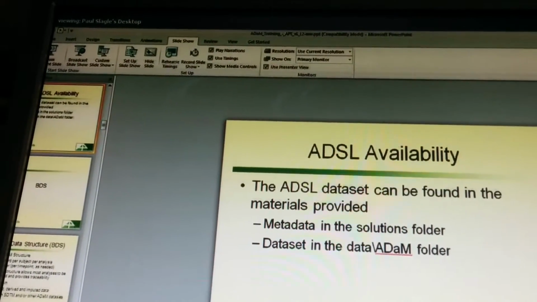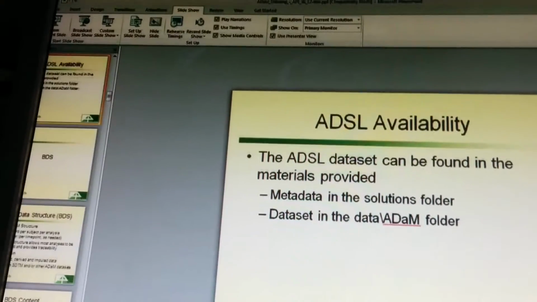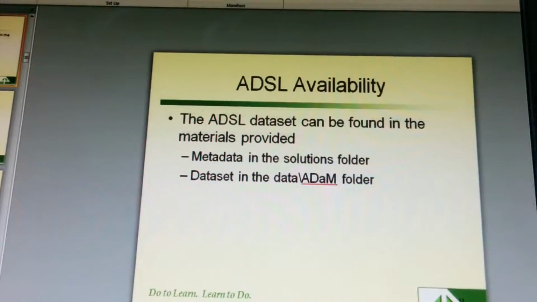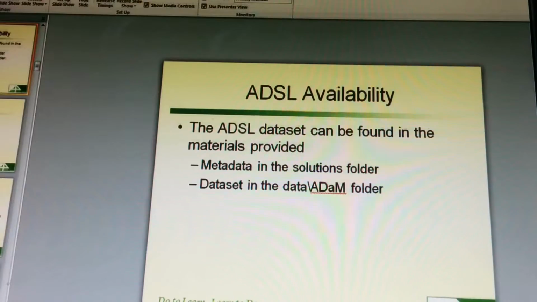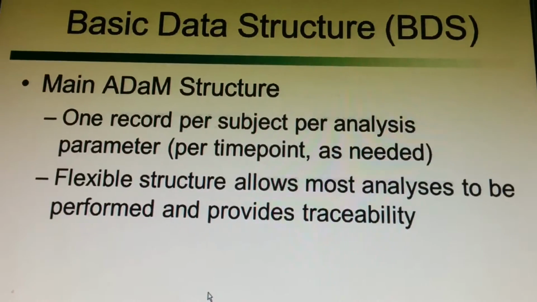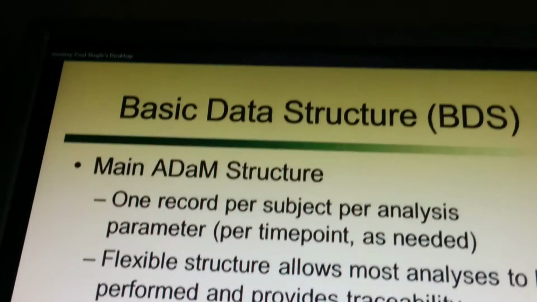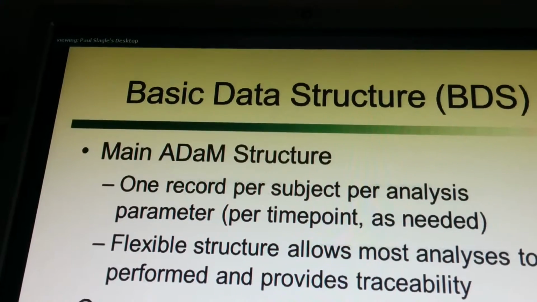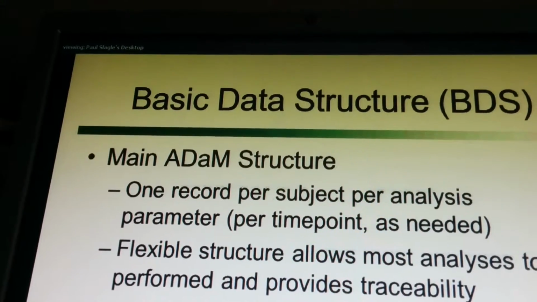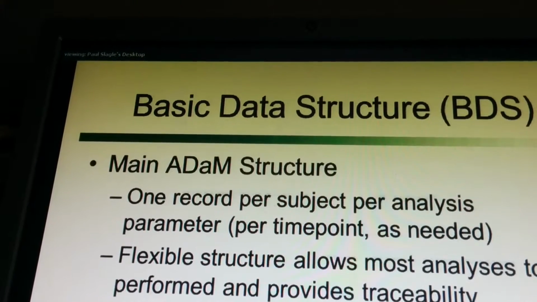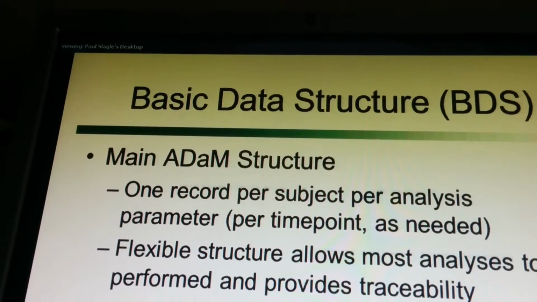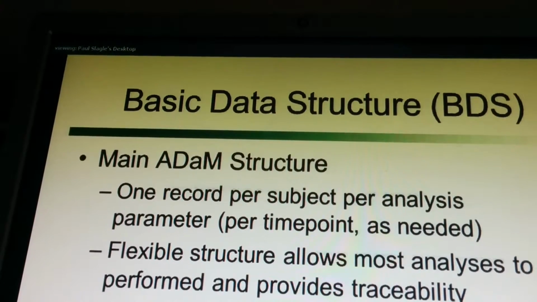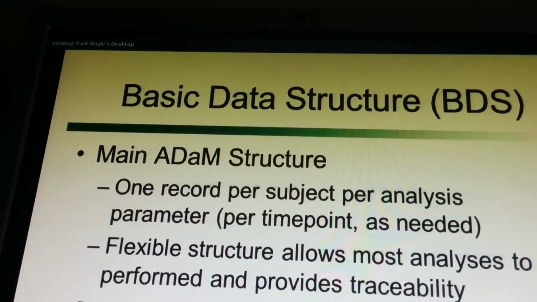Remember the data sets and the flow diagrams we had on Tuesday, where I pointed out that the source of data for any BDS can be either the SDTM domains or it can be another ADaM data set. As a matter of fact, the example that we just walked through was, in fact, one case where you're going to take one ADaM data set, ADSL, and merge it to another data set, such as SDTM.